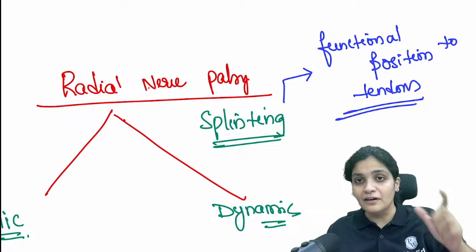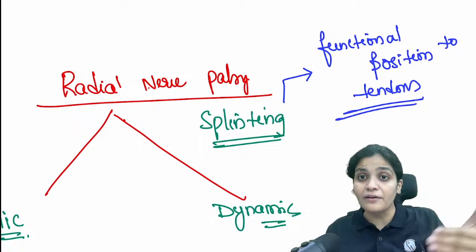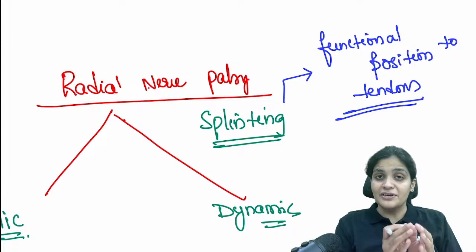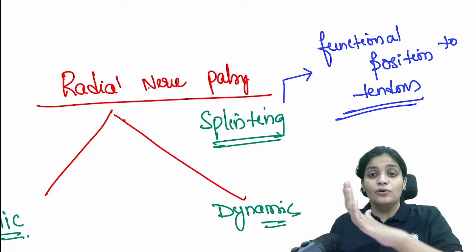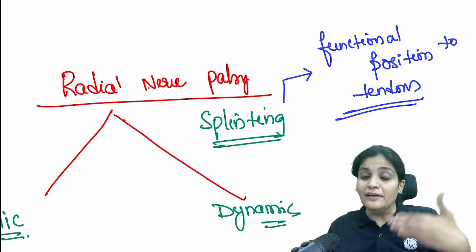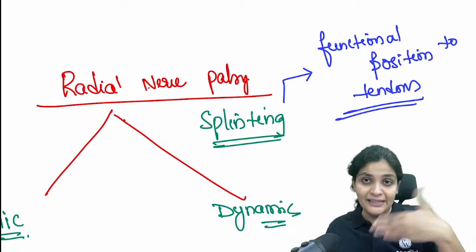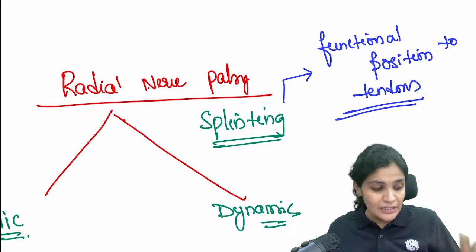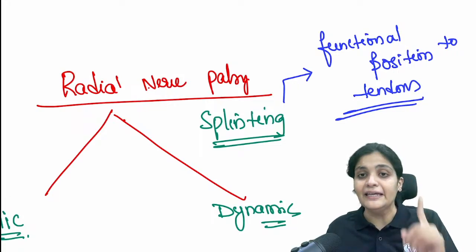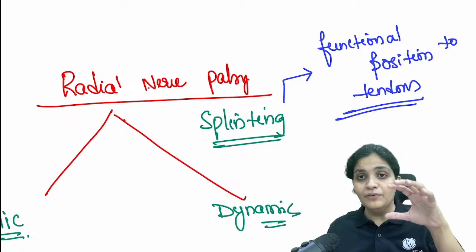So at the time when the nerve is regenerated, the tendons are not ready to take the action. So by the time the nerve is regenerating, we put the tendons into function, right? We tell the tendon to act, so that when the nerve is ready, the tendons are also ready, and the action is full, right? So that is the purpose of splinting. You should never leave any part of the body without splinting.